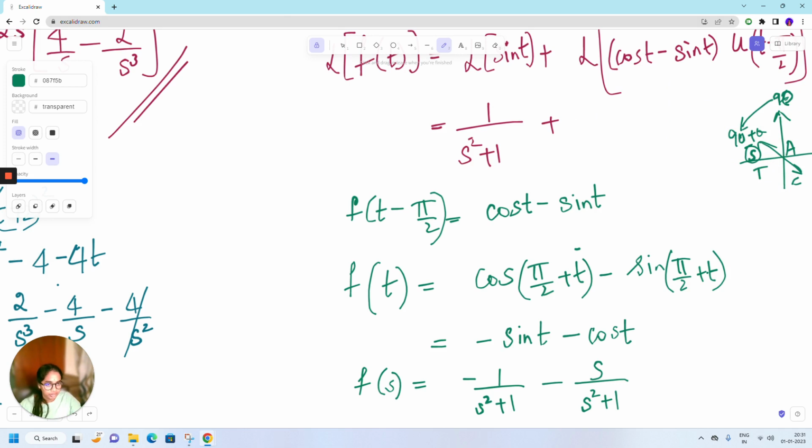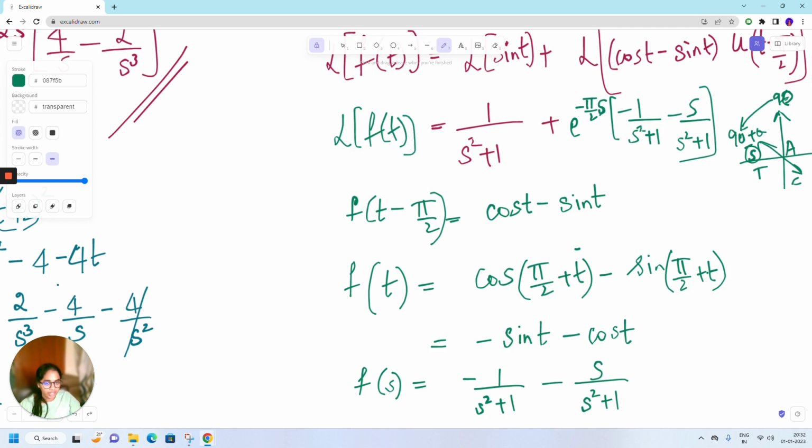I would get e to the power minus as, so that would be minus pi by 2s into minus 1 divided by s squared plus 1 minus s divided by s squared plus 1. This is our final answer.